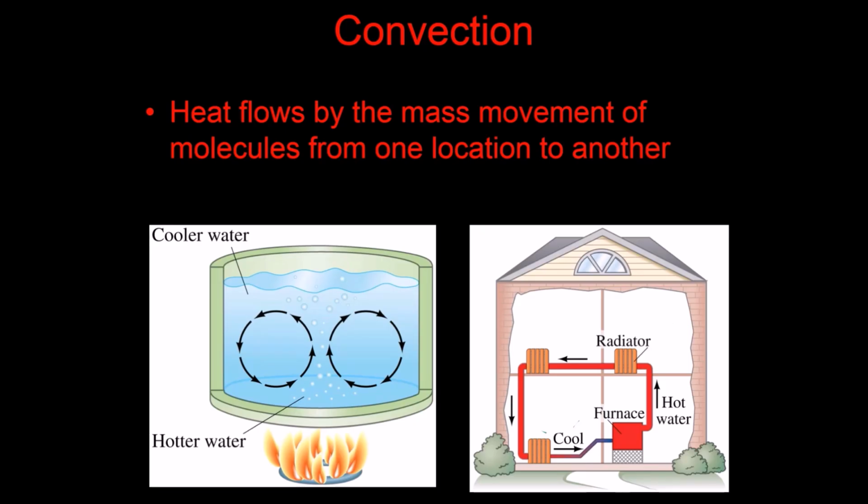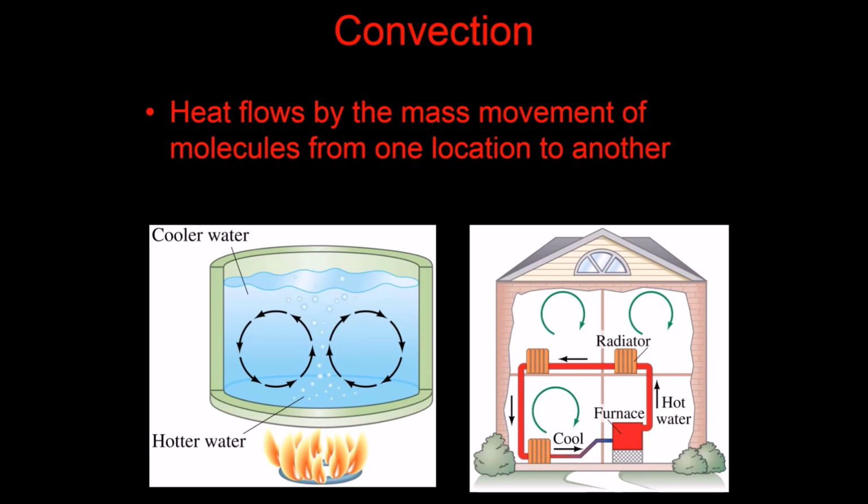So if we look at our second diagram here of the house, this is how a simple heating system in a house might work. Here we have a furnace operating on this principle that we see here on the left, and this water is then circulated through a series of pipes into radiators, which then heat the air around them and cause convection currents to heat the room.